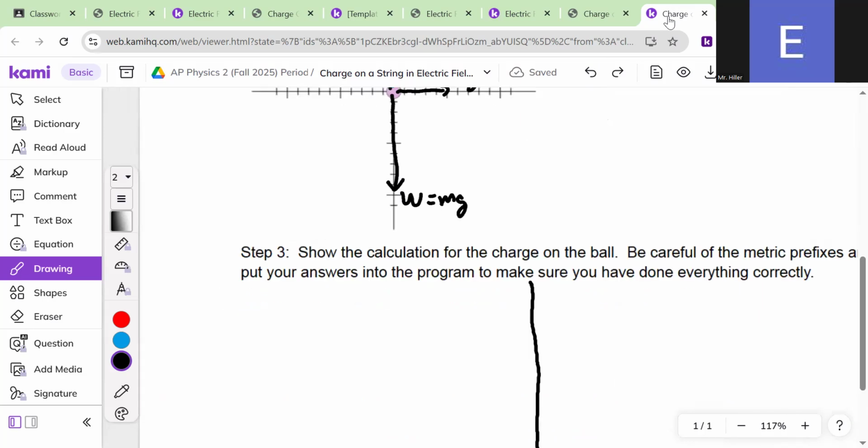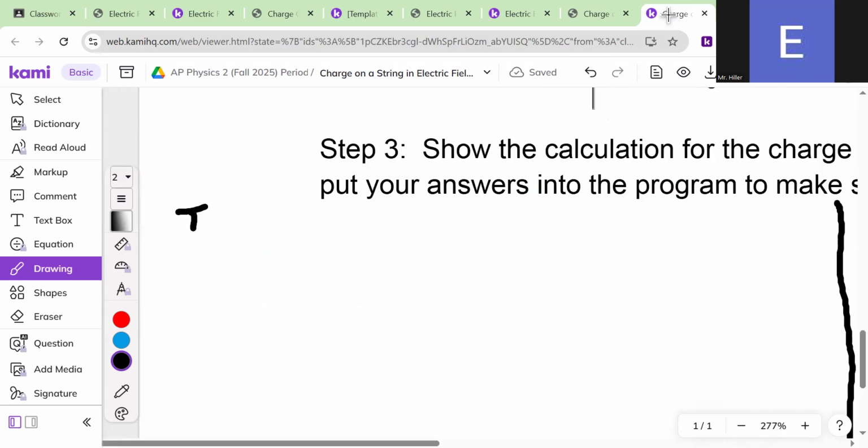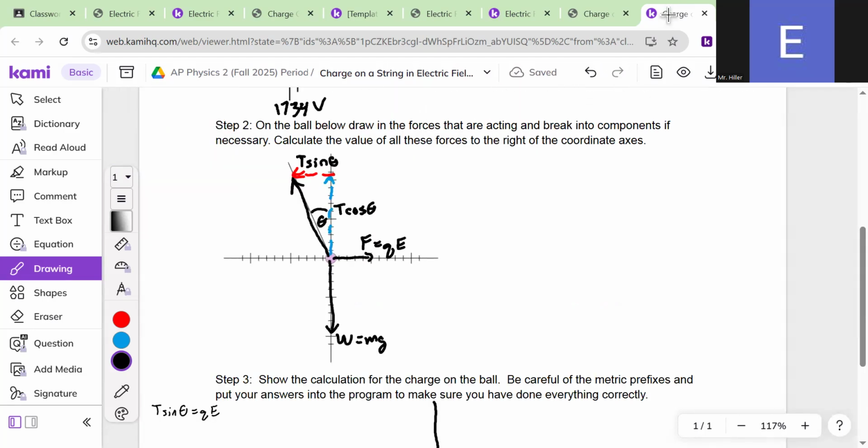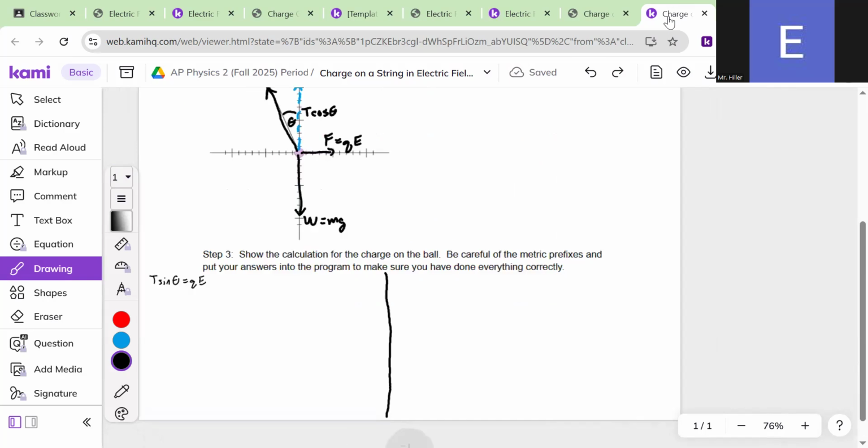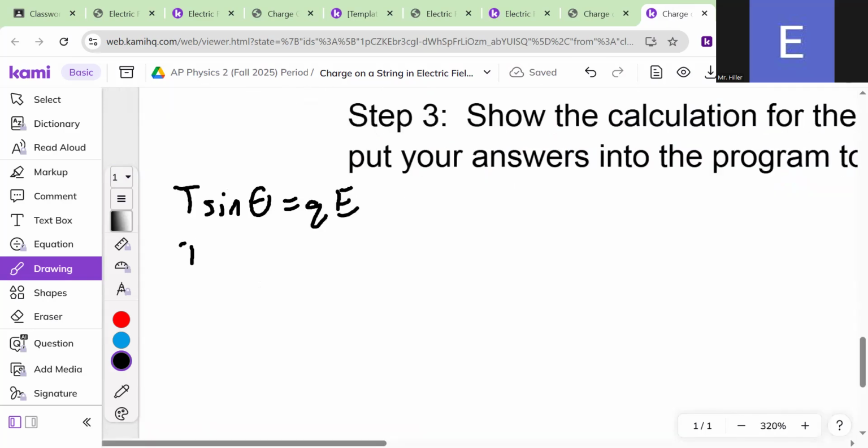So that's T sine theta equals QE. Now my next one is forces going up balance and equal forces going down. So T cosine theta equals mg.